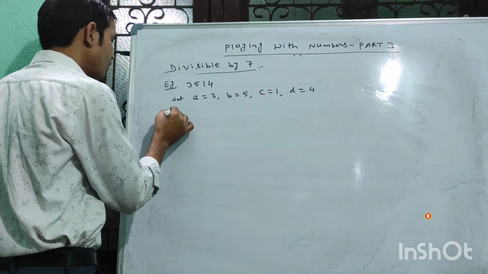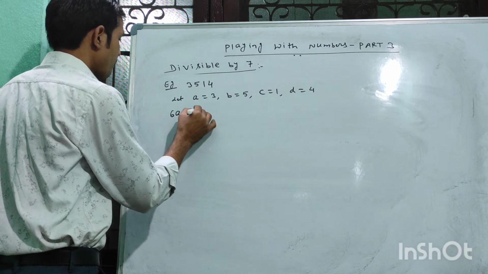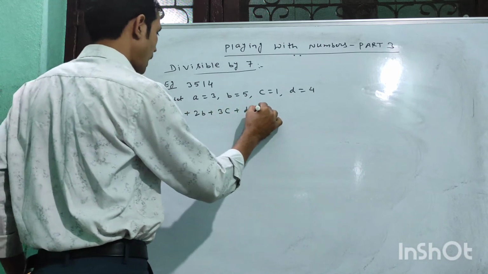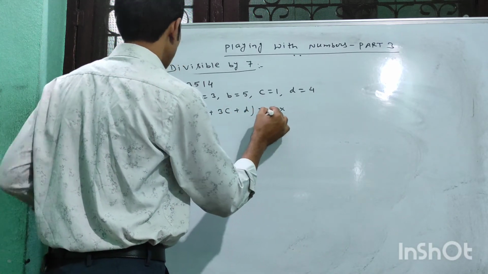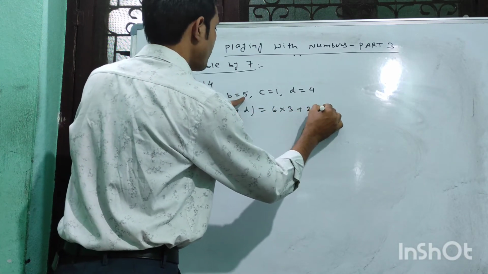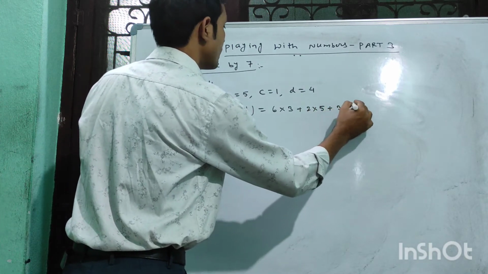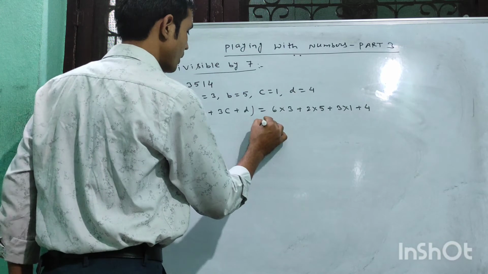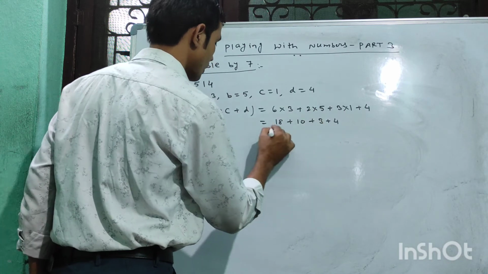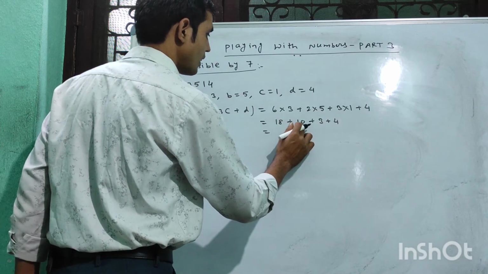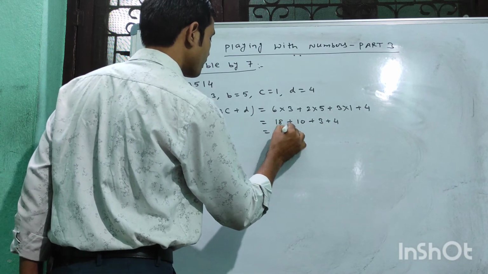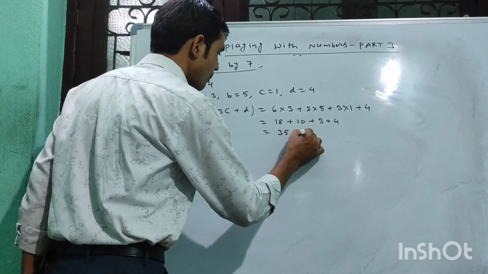Now what will we find? 6A plus 2B plus 3C plus D. So 6 into A value, 3; 2 into B value, 5; 3 into C value, 1; plus D value, 4. So 18, 2 fives are 10, plus 3 plus 4. So 18 plus 10 is 28, plus 3 is 31, plus 4 is 35.